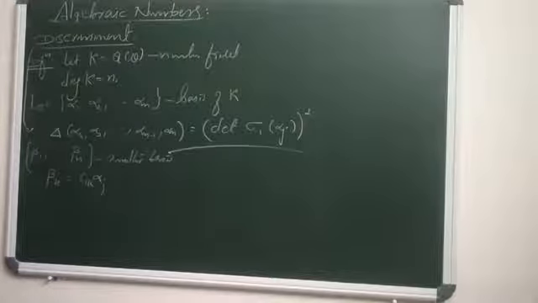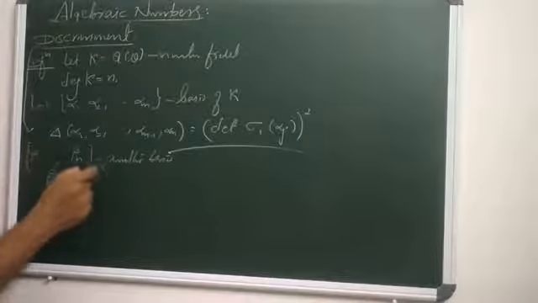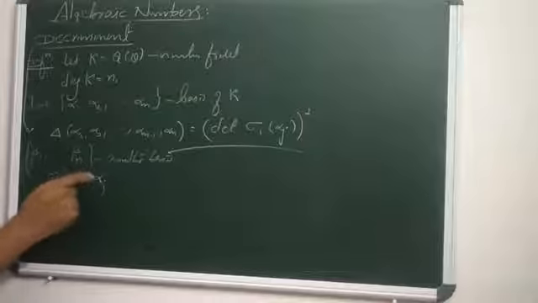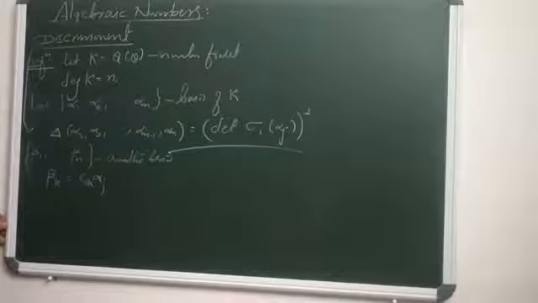Alpha 1, etc., alpha n are the basis, but if possible, there exists another basis beta 1, etc., beta n. Then this beta can be expressed as a linear combination of these.